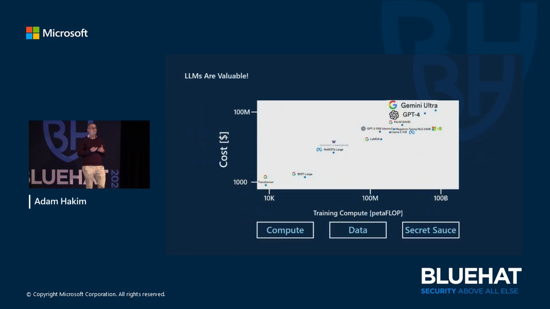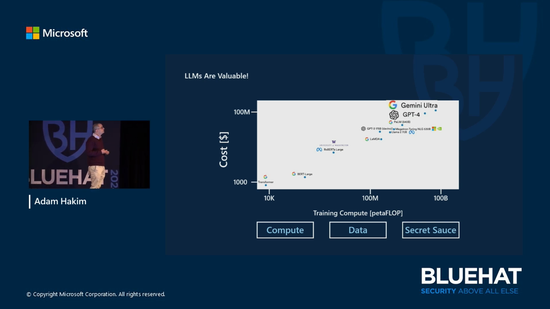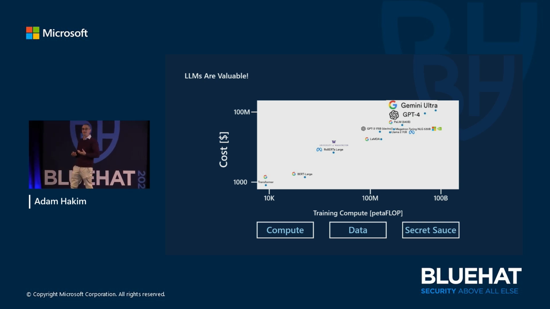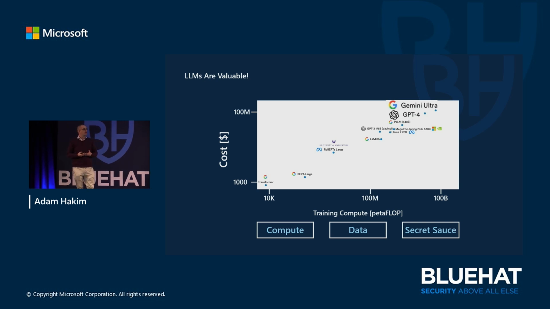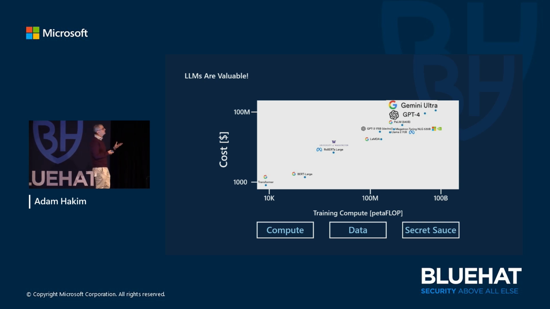So LLMs are valuable, as you might well know. They cost a lot of money to create. The cost comes from various attributes. The computing resources it costs to create them, which can reach, for Gemini Ultra and GPT-4, hundreds of millions of dollars. The value also comes from any proprietary data involved in creating them, the collection and annotation efforts, and any secret sauce that the model owner has to create these models.